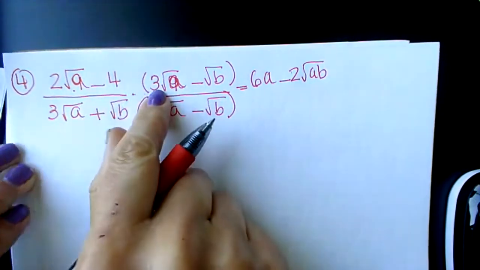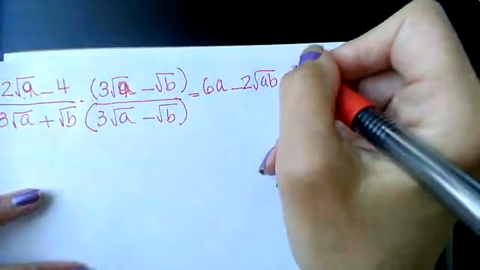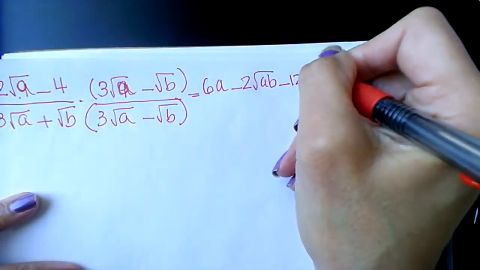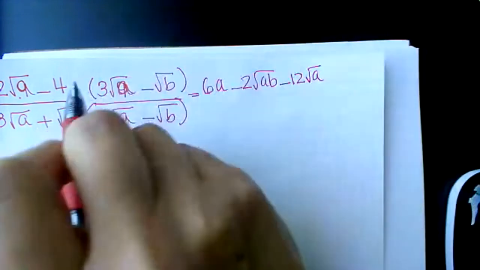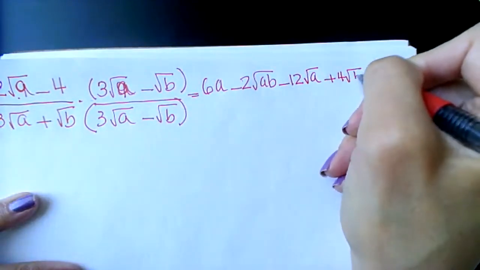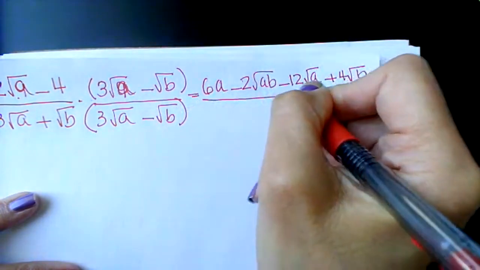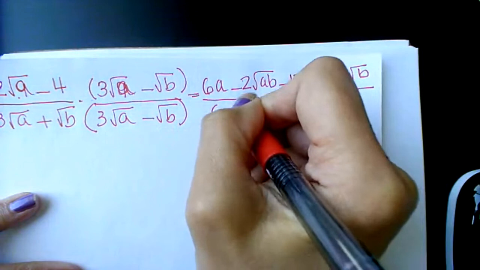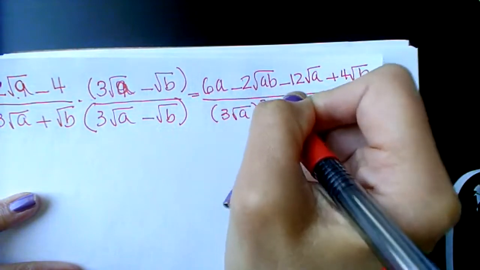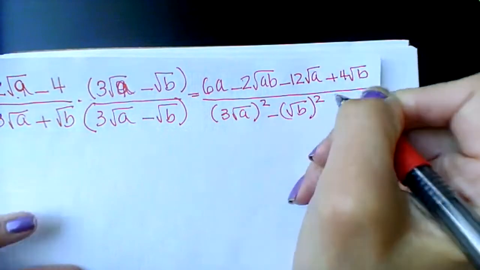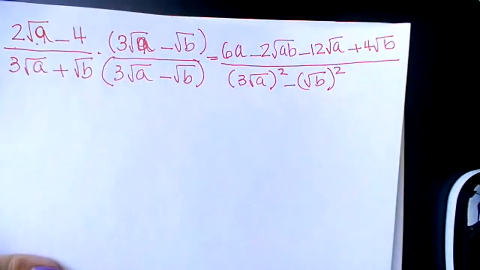Now, 4 times 3 will be negative 12 square root of A. And the last one will be plus 4 square root of B. And our bottom is going to be 3 square root of A squared minus square root of B squared.